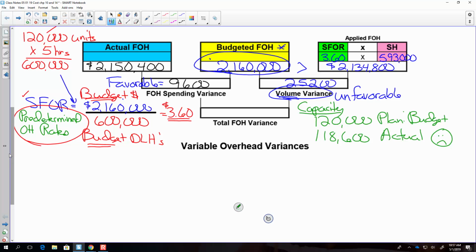If we're not making our units, then my cost per unit is creeping up, and we don't want that. So that's what makes it unfavorable. That's a big problem. In total, our variance is unfavorable. How much, Steve? 15,600.